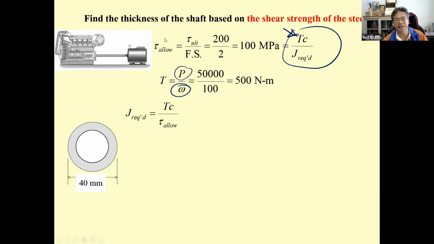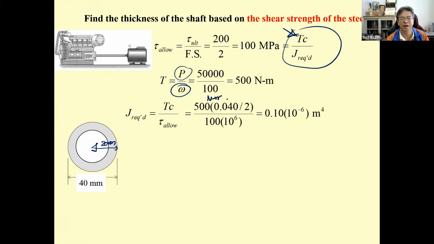So you take the J over c, it's going to be T times c over tau allowable, and you know the c is going to be half of this, is going to be 20 millimeter. You put everything in units of Newton meter. This is meter, and this is going to be Newton per meter square.